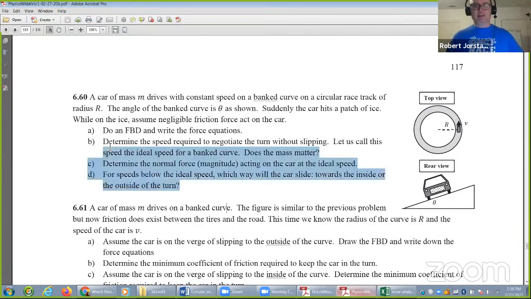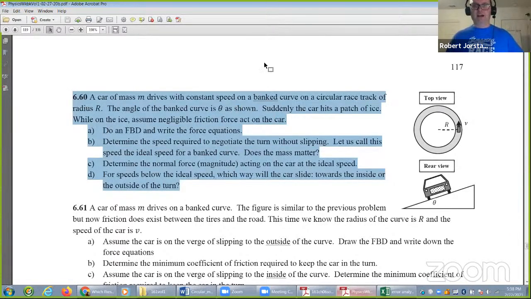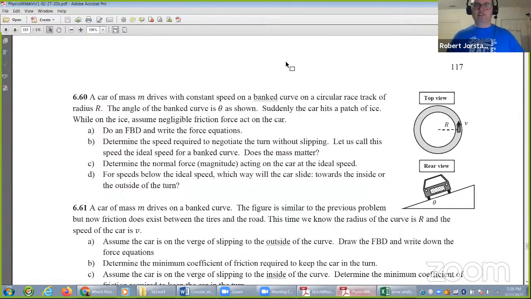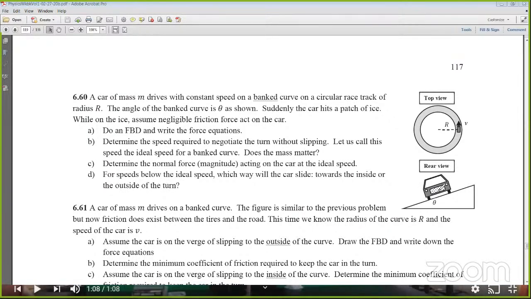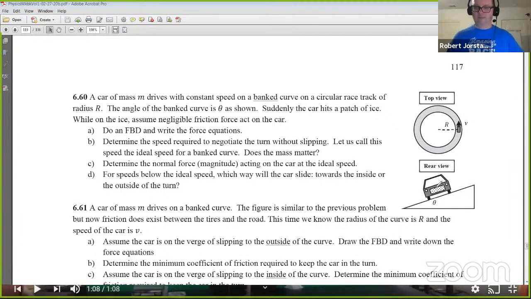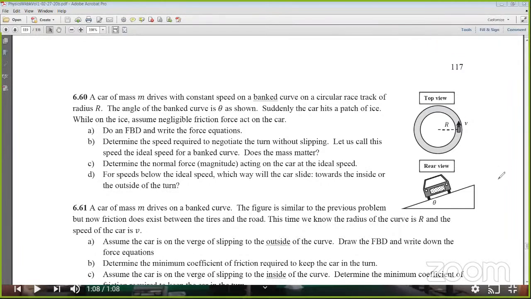So last time, I think we looked at this one, and just to remind me, run me through the FBD really quick. What direction is the normal force in this problem? Is it up, down, right, left, parallel to the plane, perpendicular to the plane? Perpendicular to the plane. Yep, so there's the normal force.